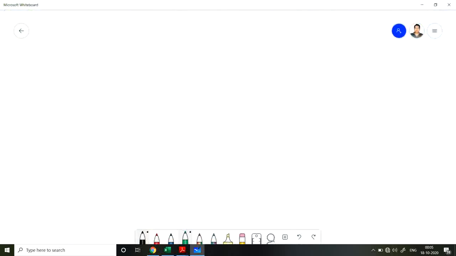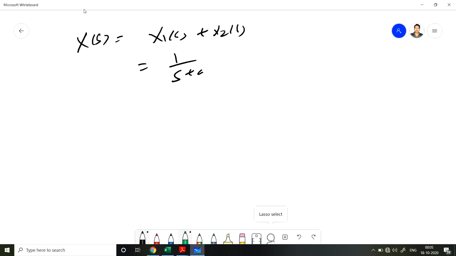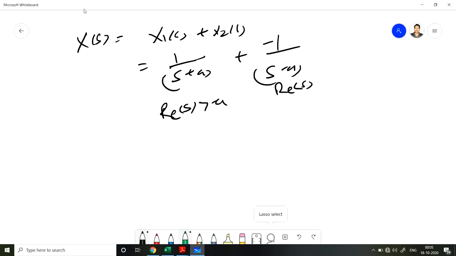So what we have seen is that X(s) is equal to X1(s) plus X2(s), that is equal to 1 divided by s plus a minus 1 divided by s minus a. And here the ROC is real part of s greater than minus a. Here the ROC is real part of s less than a.